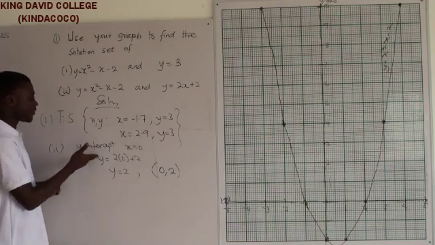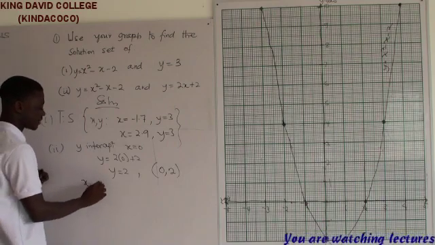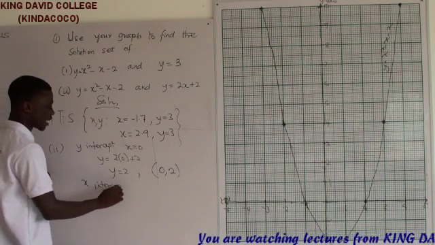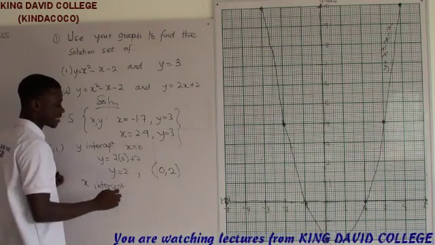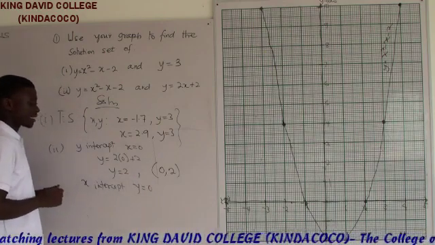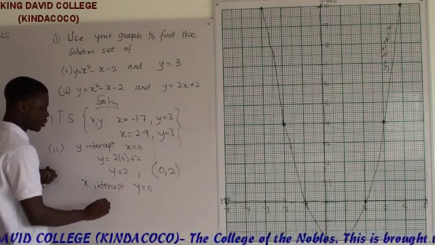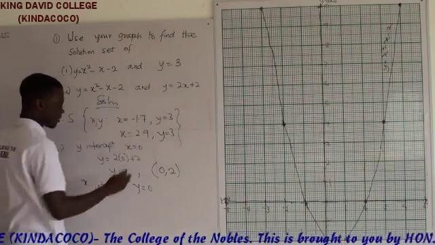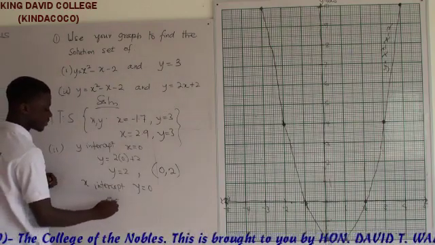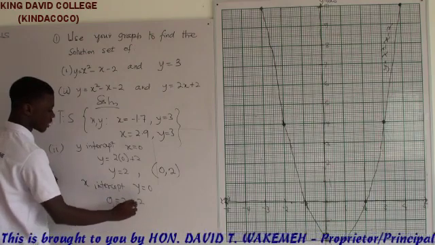Then when you finish doing the y-intercept, come and do x-intercept. And at x-intercept, y is equal to what? 0. So here, we set y to 0 over here. So 0 is equal to 2 times x plus 2.